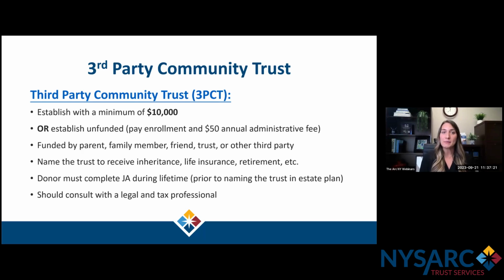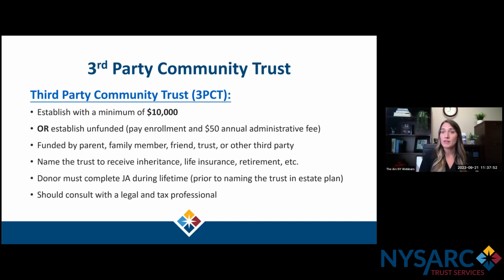I often speak with families and they'll say, oh, we don't have a lot of money. We don't have a lot of assets. We're not the right fit for a trust. Any person that has an individual with a disability in their family where leaving any amount of money could cause them to lose eligibility for these benefits should be considering setting up some form of trust, because even proceeds from a life insurance policy, receiving that money could put someone over the limits.